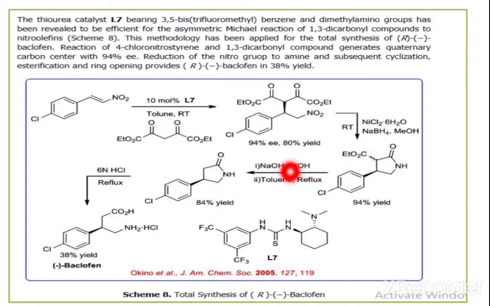Then in toluene at reflux, it will decarboxylate, removing carbon dioxide. Here we get 84% yield, and in the next step, on acidification, the ring opening of this ring takes place, and then reflux, and we get 38% yield of baclofen.